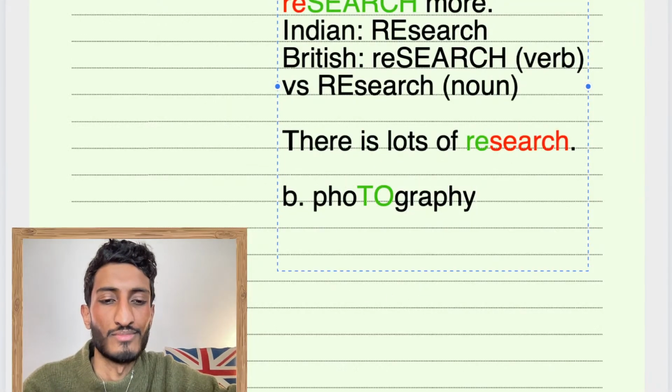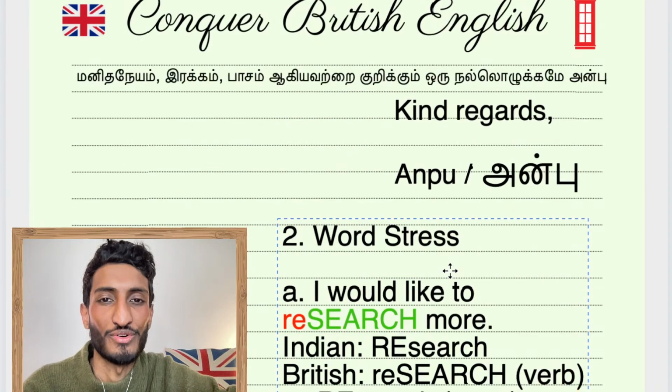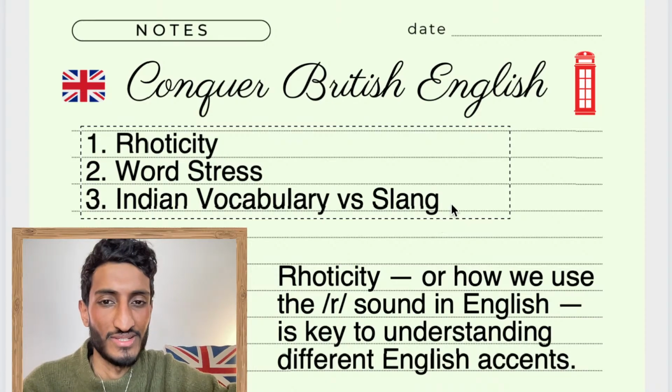Sorry, I don't have my notes at the moment, but just from the top of my head, computer. So instead of saying computer or computer, it would be computer. So it's the pew bit that we stress in the word there. So computer, not computer. All right, let's go through the last part of our lesson, which is Indian vocabulary versus slang.